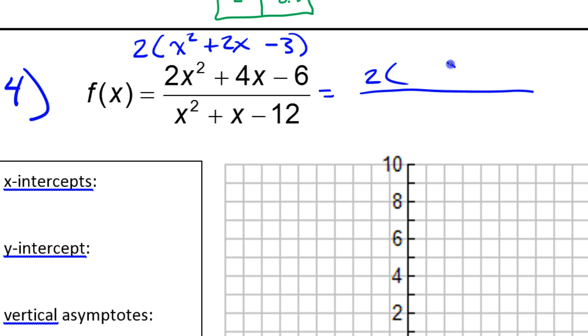So that happened. Now I'm going to go ahead and factor it. I'm going to keep the 2 and do the rest. So looking at this trinomial, x squared can only be x times x. 3 can only be 3 times 1. Now I'm trying to get a positive 2, and I know that inner plus outer equals middle.